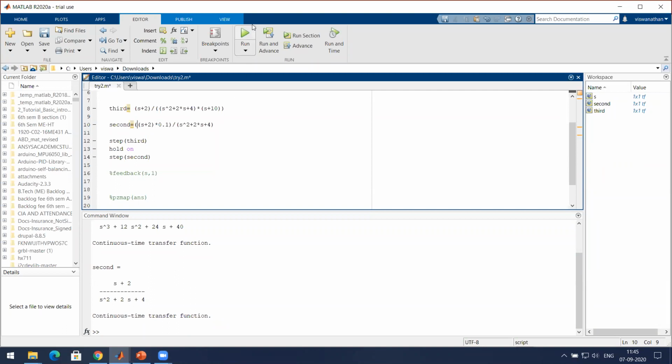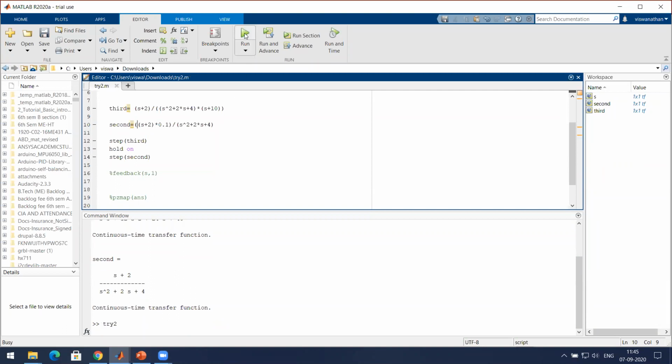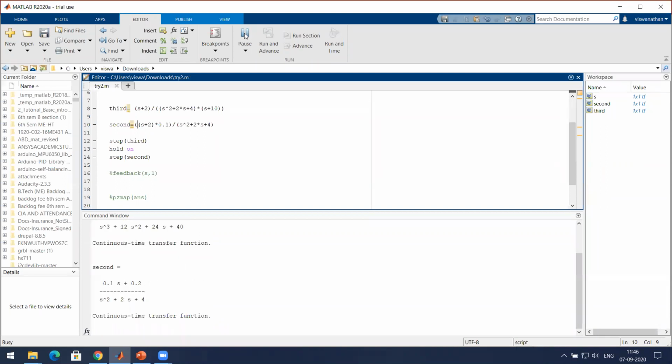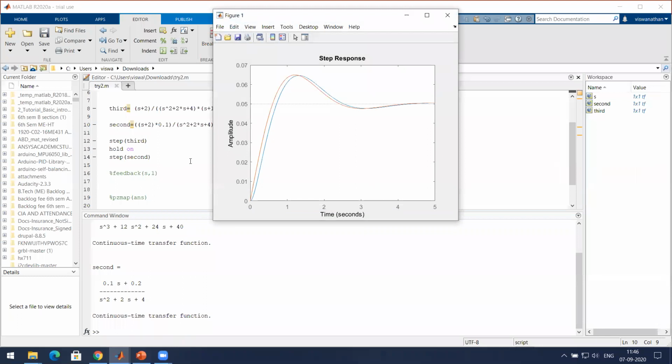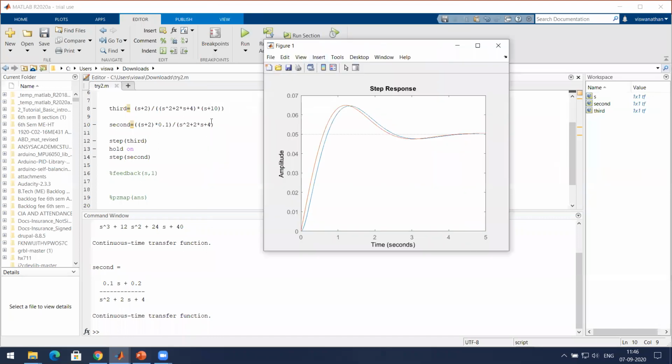So if I run this now, is it approximately the same? Yes, sir. Okay, it's not exactly the same, but it is approximately the same.